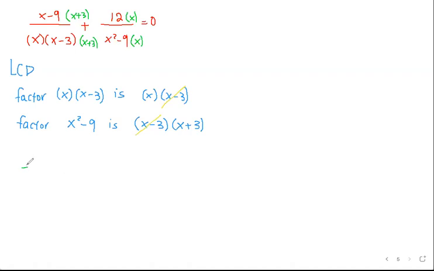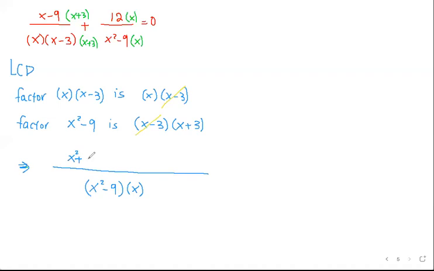So what do I get now? Here, the first one, I get one fraction. The fraction is x squared minus 9 times x, so we have this: x squared, minus 3 plus 3x, minus 9x, minus 27.